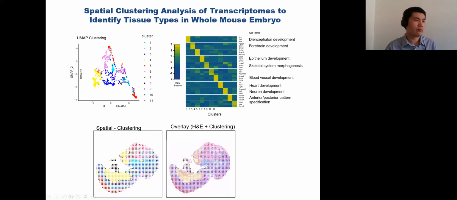They also show a very meaningful overlay with annotated tissue areas. For example, from the GEO analysis, you can tell the different regions of the tissue, and we also compared them with the H&E-based annotation. They are matching pretty well.